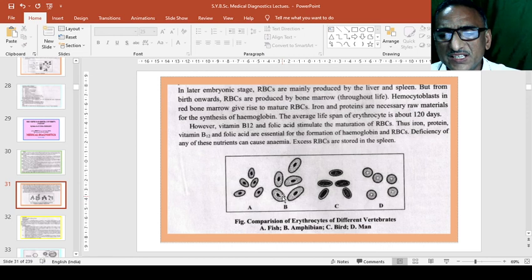The same in amphibians, but these are quite larger and have a nucleus also. This one is the nucleus here. And in a fish, the cells are also discoidal and medium sized with a nucleus. These are the comparative differences that we are going to discuss here.